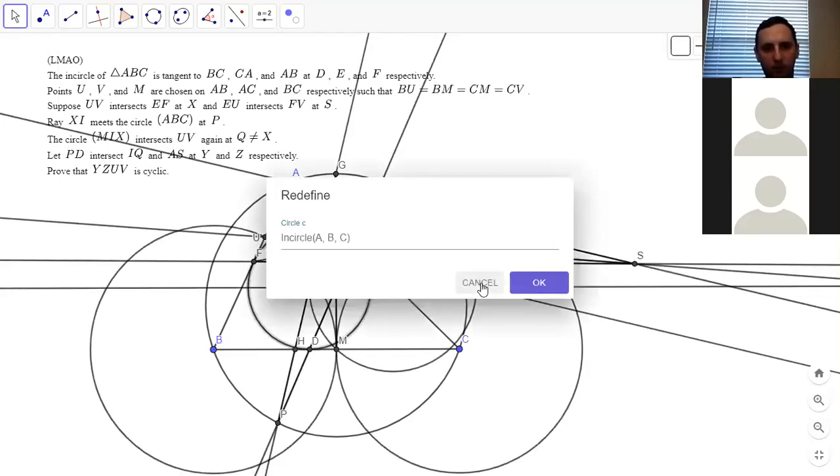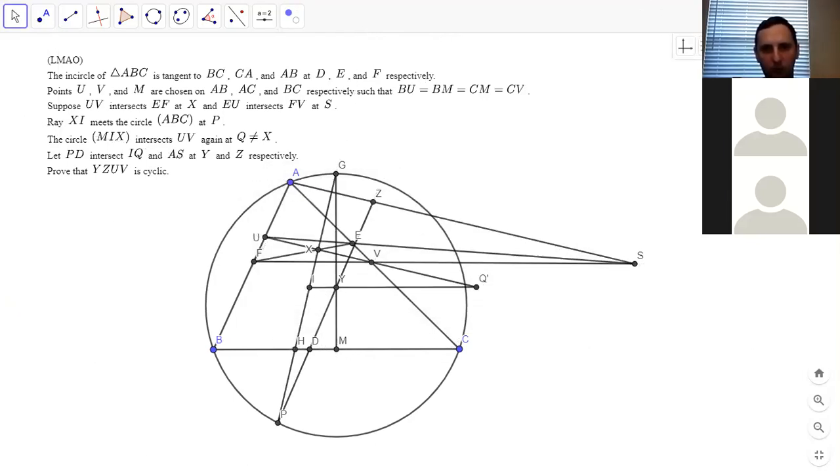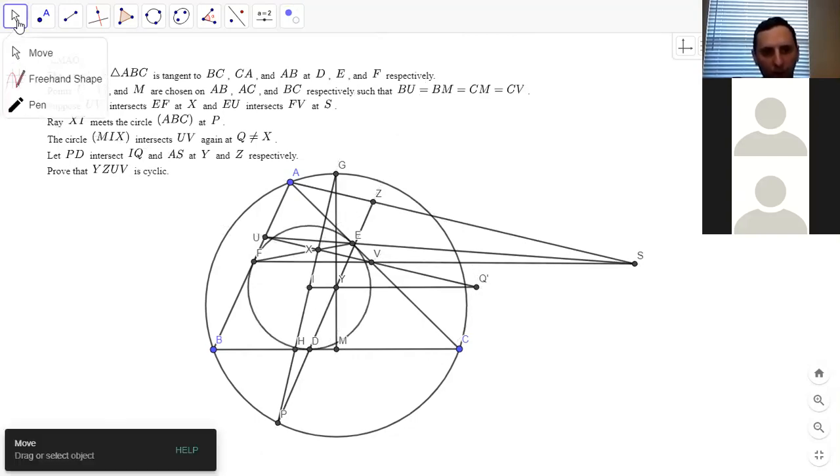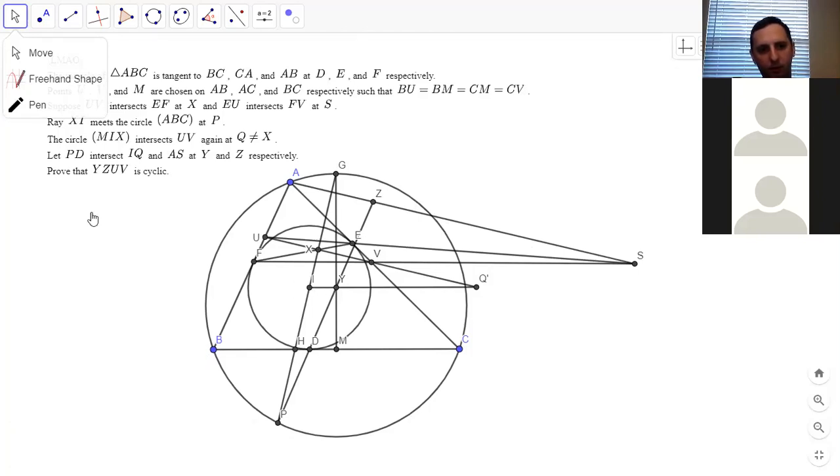Now we have DP over DY equals HP over HI, and it equals IP over IG. Say that one more time. DP over DI equals HP over HI? That doesn't sound right.